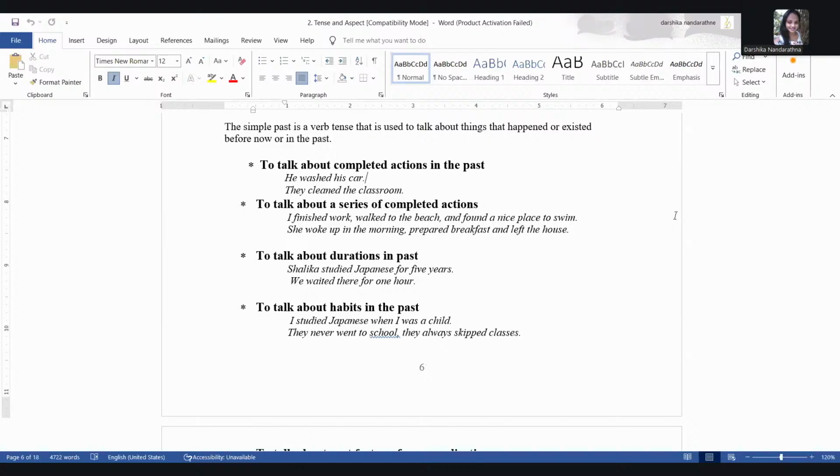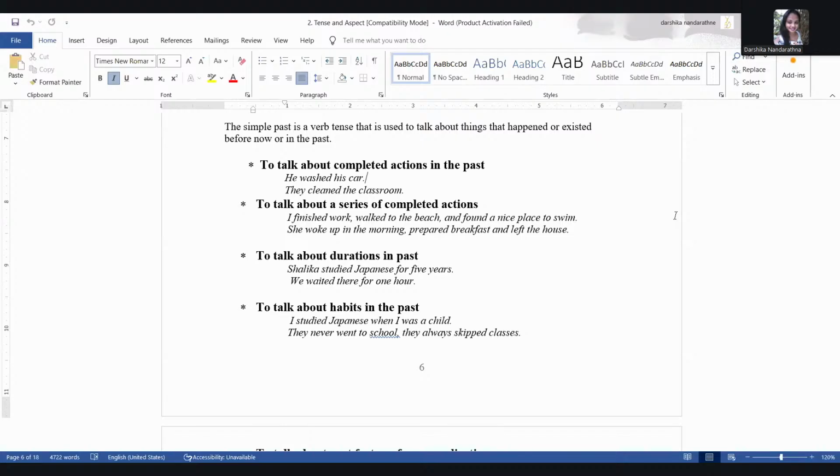Okay. To talk about a series of completed actions, we can use simple past tense, not only one action, a series of completed actions. Go to examples. I finished work, walked to the beach, and found a nice place to swim. There are three actions. Finished work, walked to the beach, found a nice place to swim.